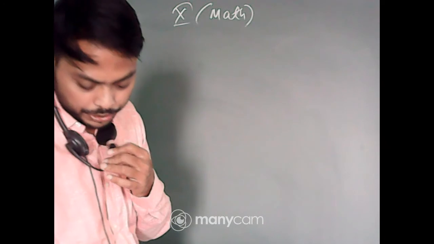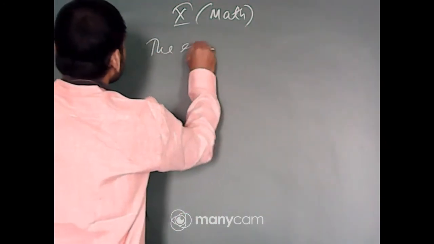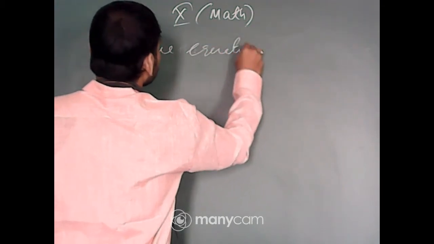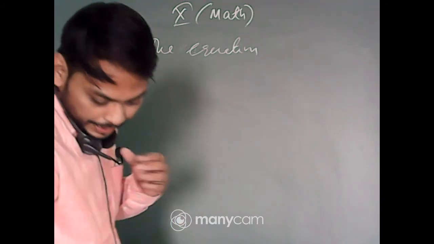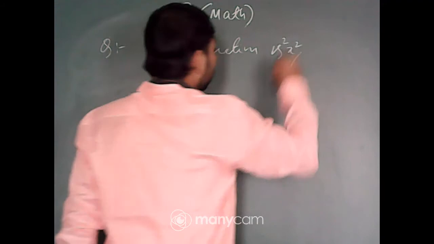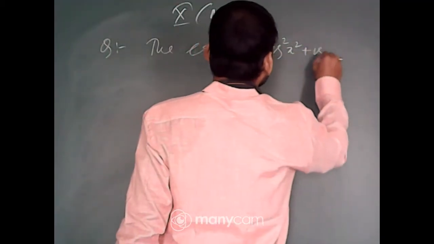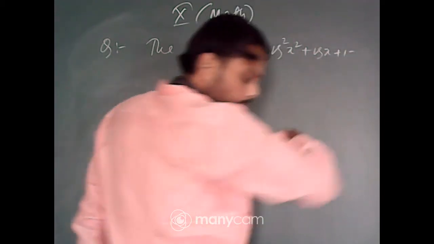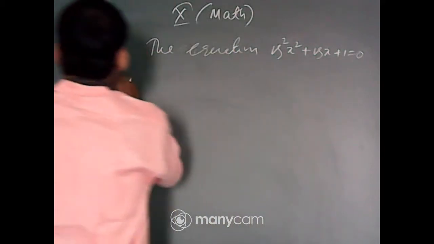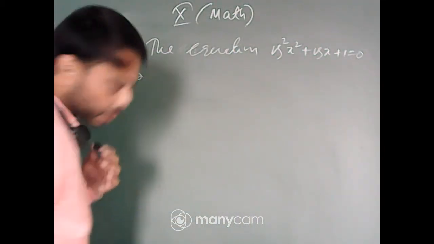The equation k square x square plus kx plus 1 equals to 0 has option A, one real root.